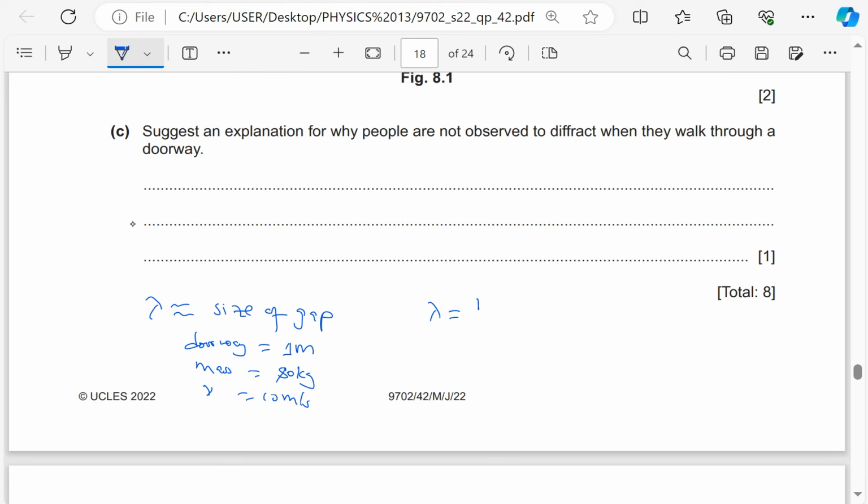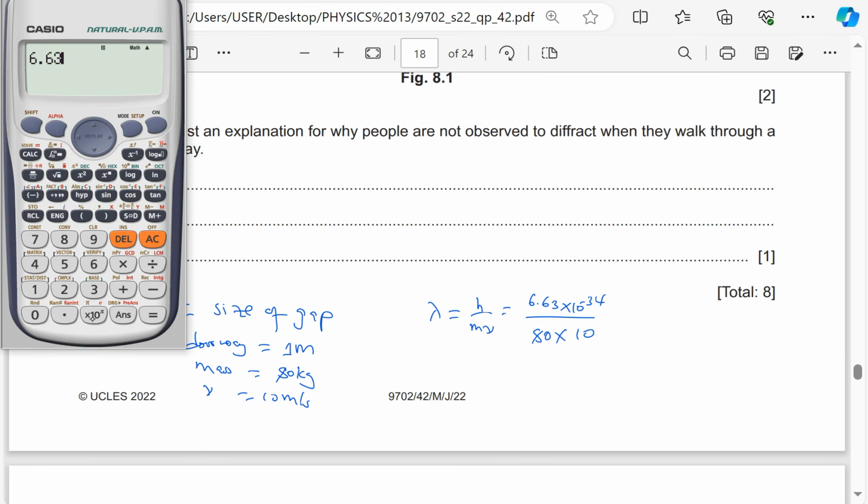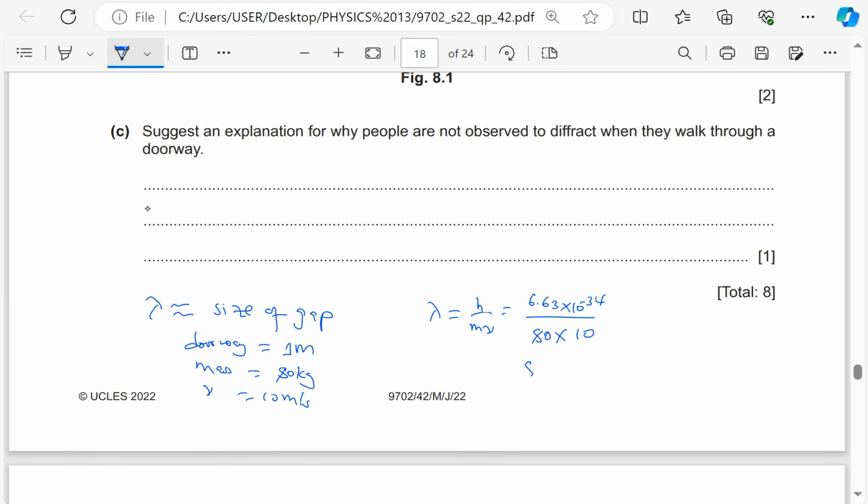So the de Broglie wavelength will be h over mv, which will be 6.63 times 10 to the power of minus 34 divided by 80 times 10. So this is 6.63 exponent minus 34 divided by 800, which is 8.3 times 10 to the power of minus 37 meters.